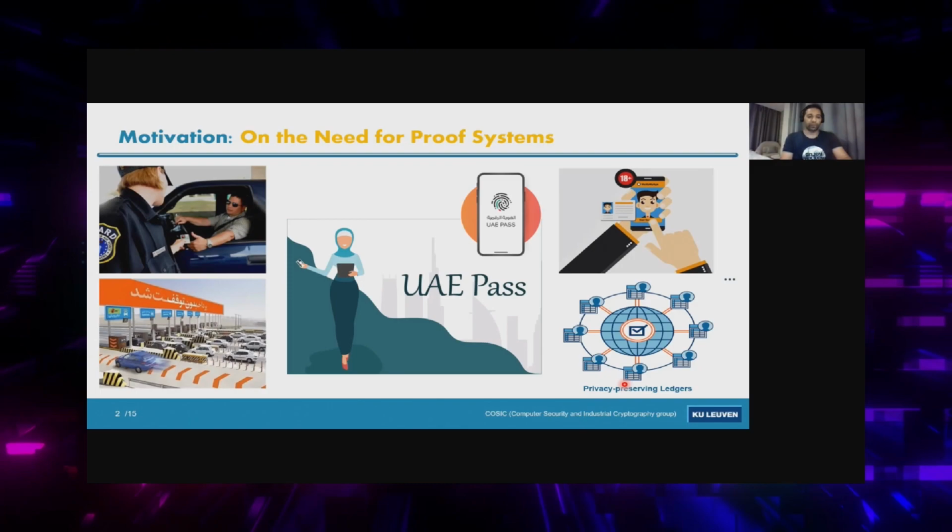Or in different applications, we need to prove that we did some payments correctly, again without revealing so much information about ourselves. In many applications, we need to prove that we know some secret key, or we have done some secret computations, without revealing additional information about our secret key.